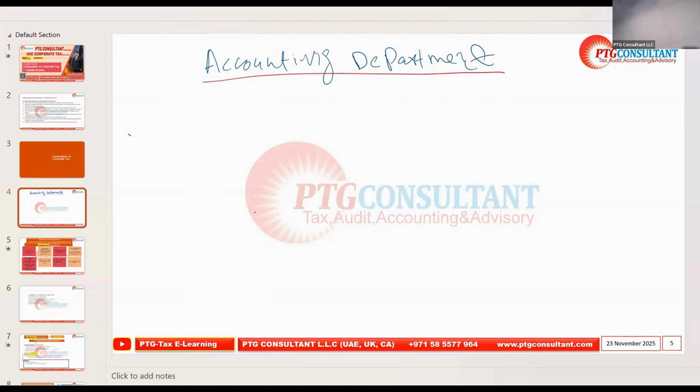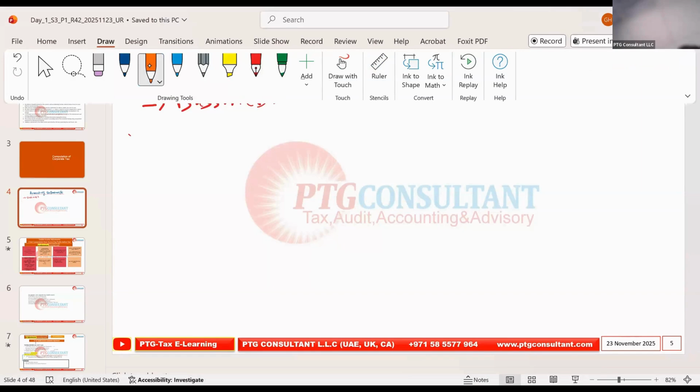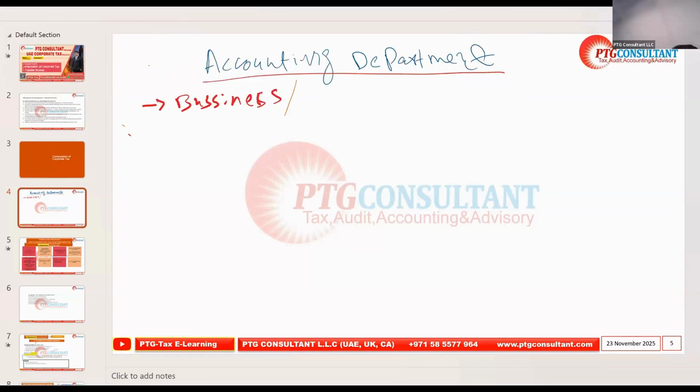So what does the accounting department do in this regard? Again, I am going to refer to each business or each entity. The first resource or first department in an organization is the accounts.